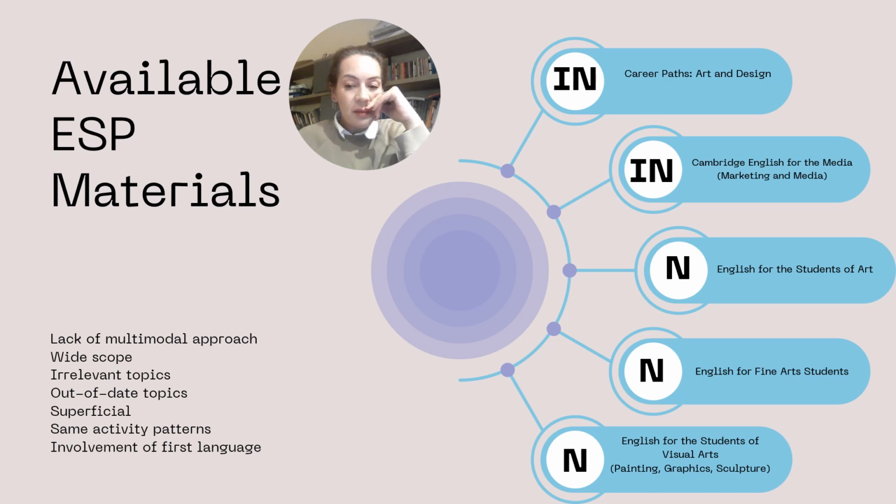For example, one of the international ESP books covers every unit in 2 pages, and it offers the same activity patterns over and over again. In terms of national materials, we see the effect of the native language. We see translated passages. We see some cultural and regional connotations in these materials.